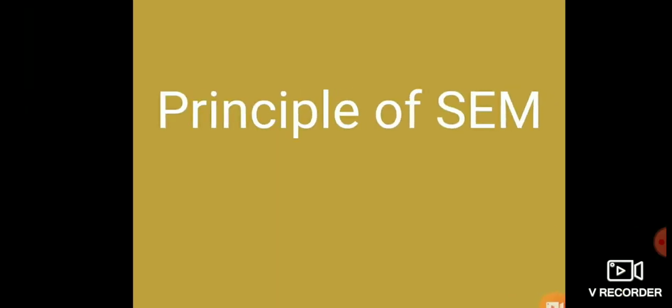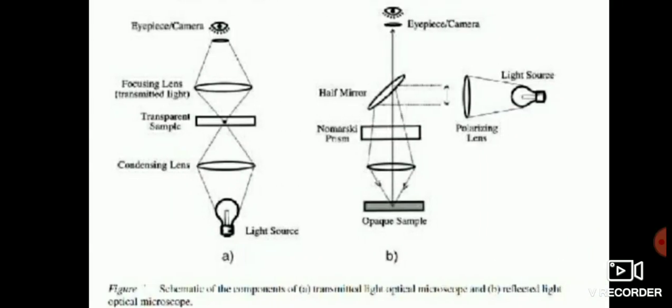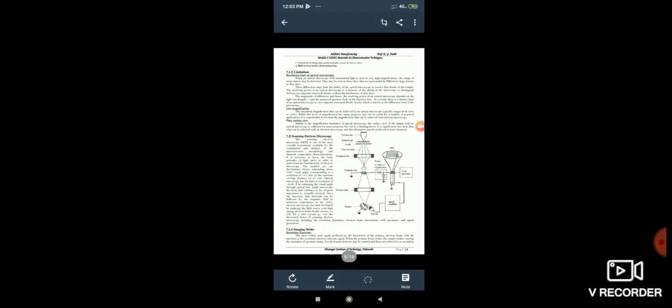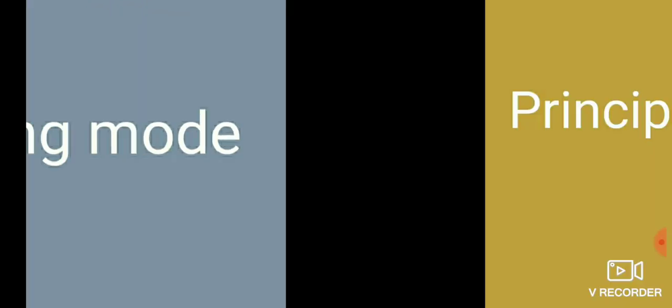When the primary beam strikes the sample, it causes ionization of the specimen atoms at the surface. Loosely bonded electrons may be emitted, and these are referred to as secondary electrons.